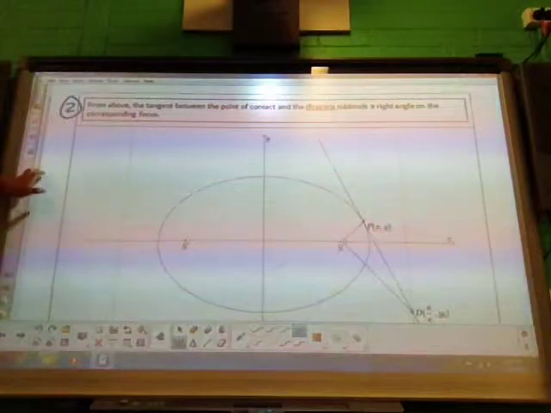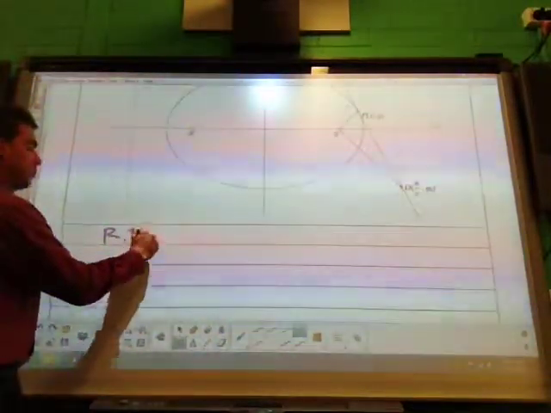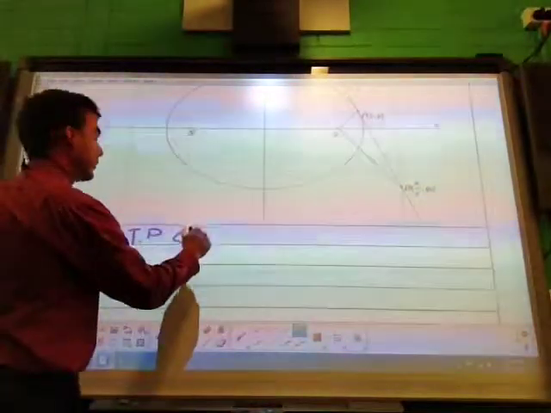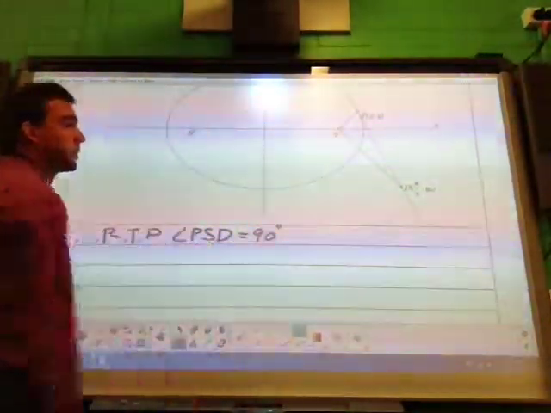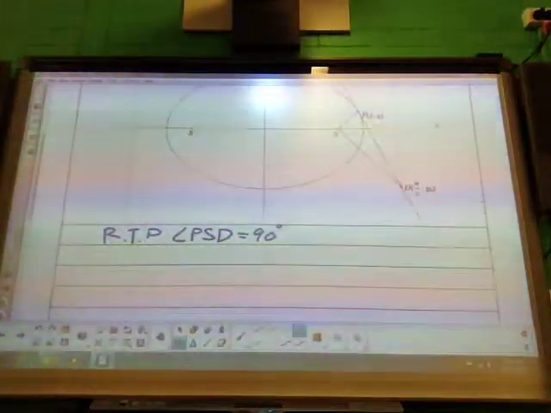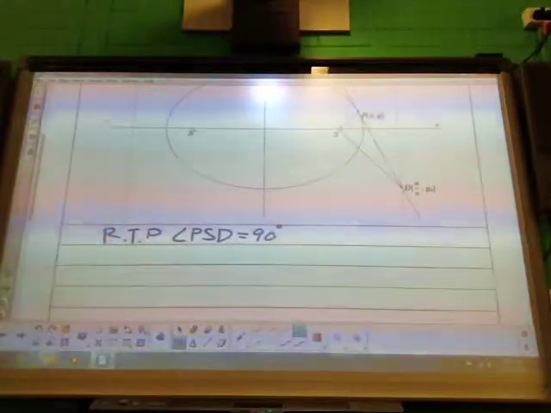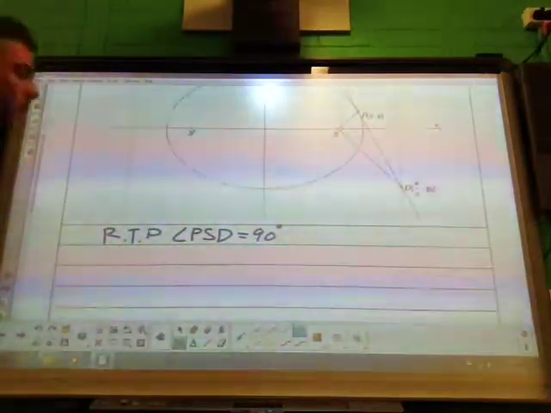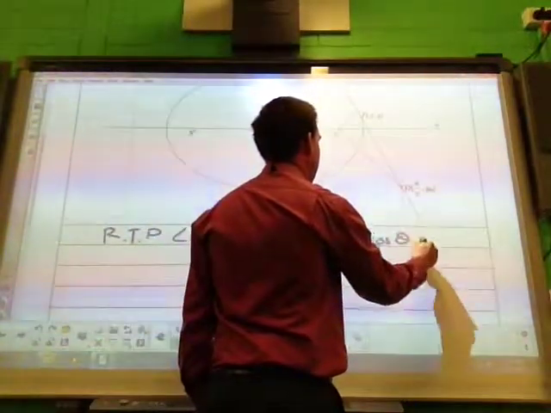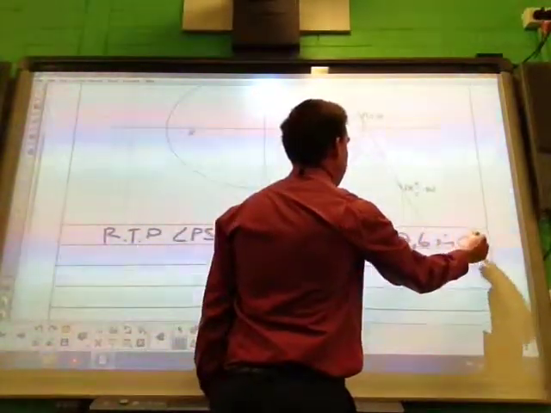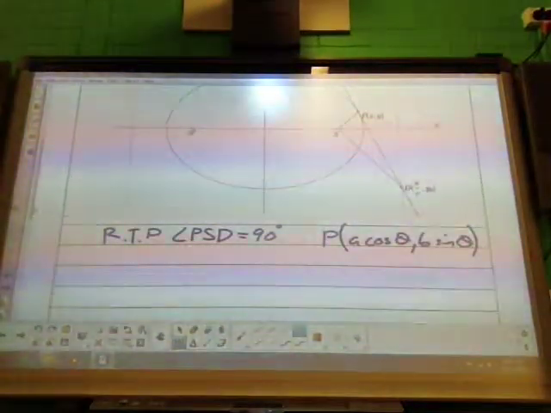Okay, so what we really want to do is prove, we're required to prove the angle PSD is 90 degrees. Right, I'm going to use parametrics. So P is a cos theta, b sin theta.